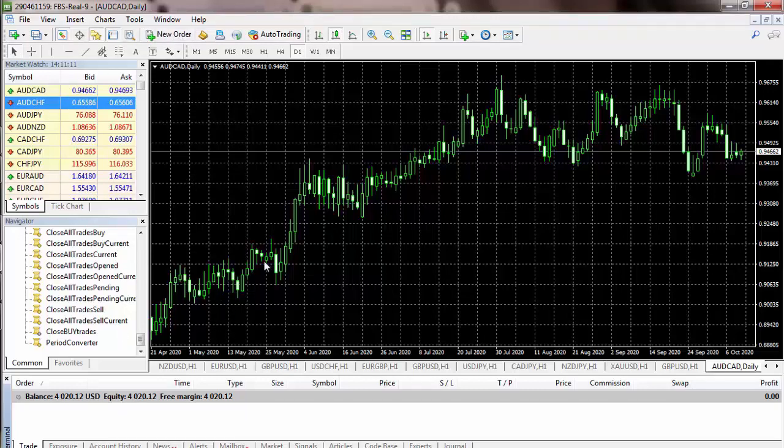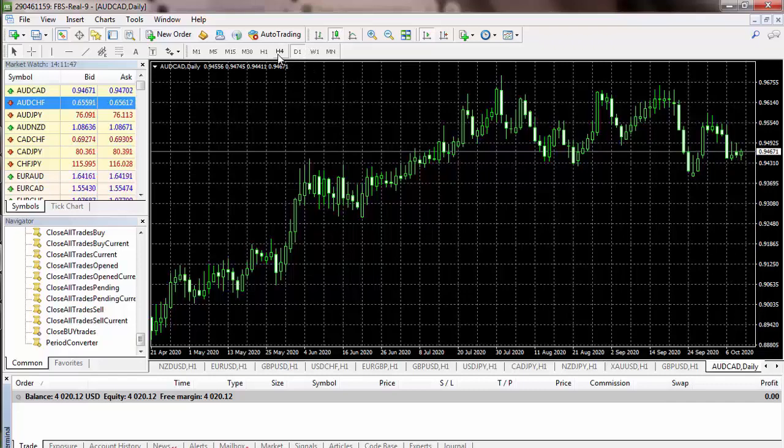Now we have many other things here which are not that important, but the two major things you need here are this. Then you have the chart. This chart is like a graphical representation of the trade that's going on. Now we have this on daily, telling you that each of these candlesticks is daily.